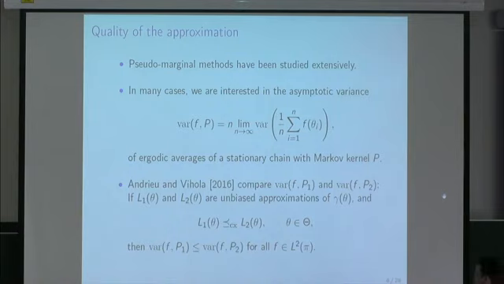If you think of two different unbiased approximation random variables, which depend on some theta, L1 and L2, associated with P1 and P2, then if L1 of theta is convex ordered with respect to L2 of theta for every theta, then you know that the asymptotic variance associated with the first pseudo-marginal kernel will be smaller than the asymptotic variance associated with the second one, for all L2 functions.